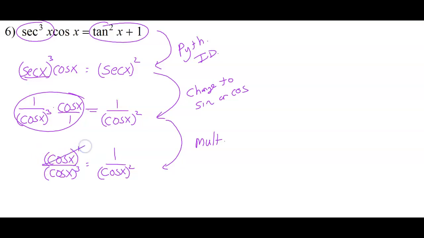So this 1 on the top will take away 1 on the bottom and leave us with 2. And so now I have 1 over cosine of x squared equals 1 over cosine of x squared, and I got there by reducing. And we got our two sides equal.